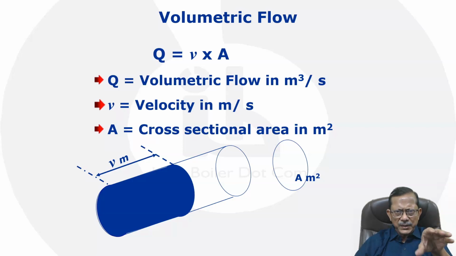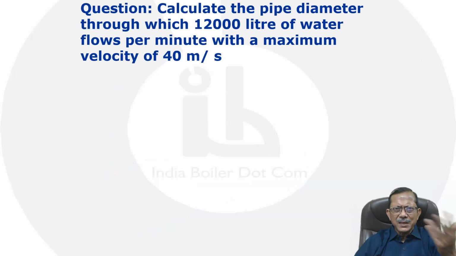So let us put this particular concept into a small numerical example, which I am just creating for a basic understanding. Let us say: calculate the pipe diameter through which 12,000 liters of water flows per minute with a maximum velocity of 40 meter per second. So here the velocity is given, the volumetric flow is given. Only problem is the volumetric flow is given in liter per minute.